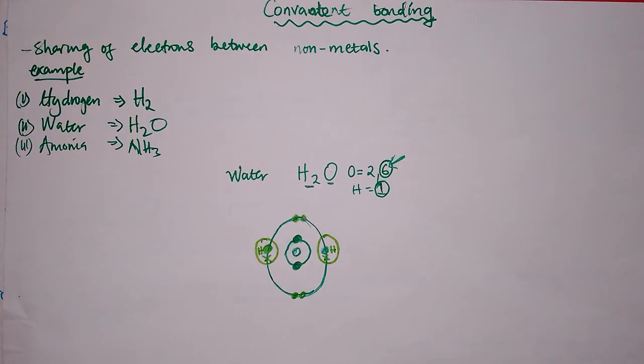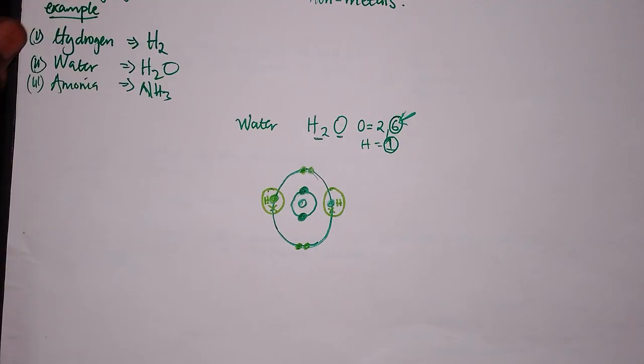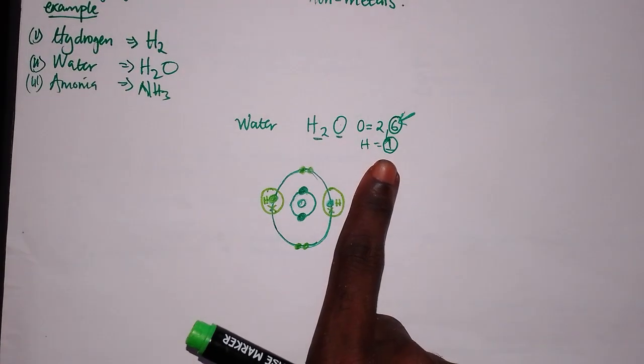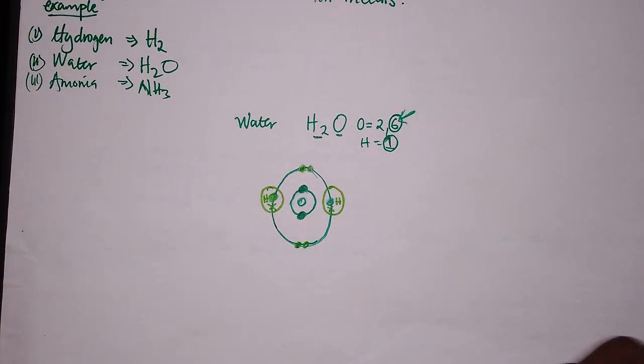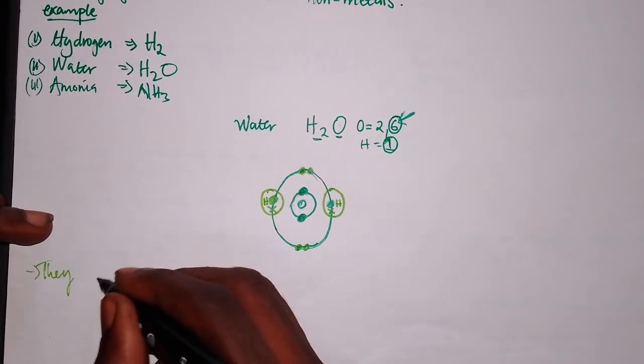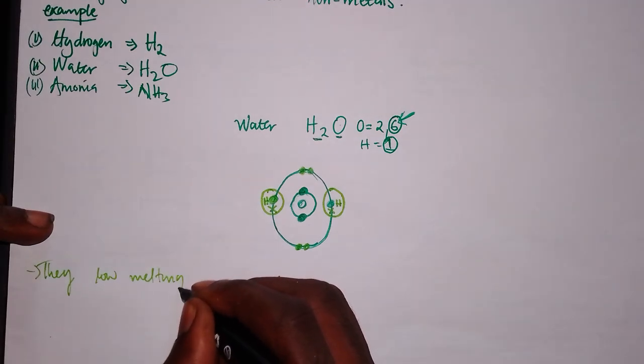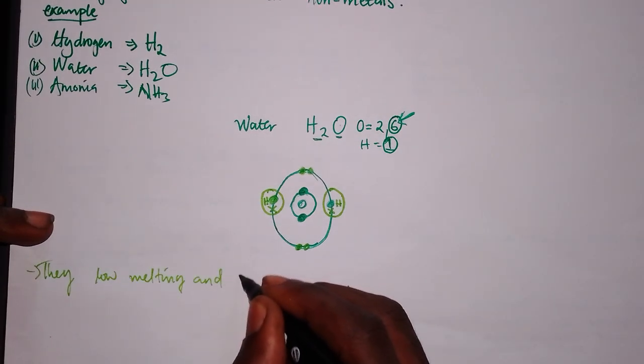Next, we are going to look at the properties of covalent bonding. What are some of the properties which a compound formed from covalent bonding possesses? The first characteristic is they have a low melting and boiling point.